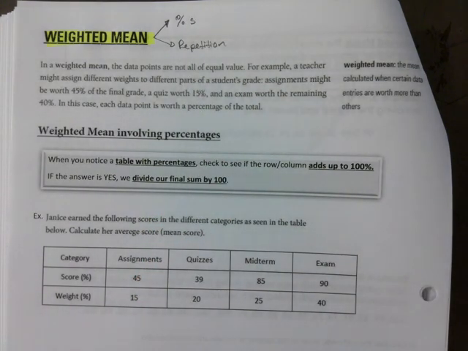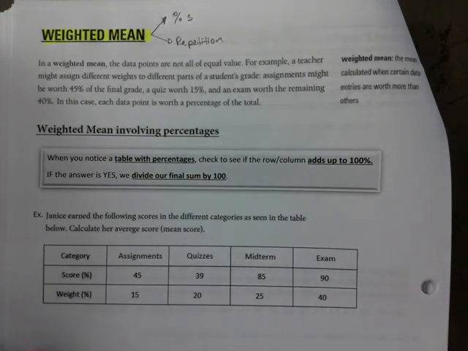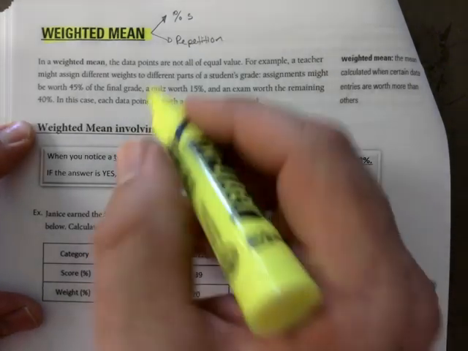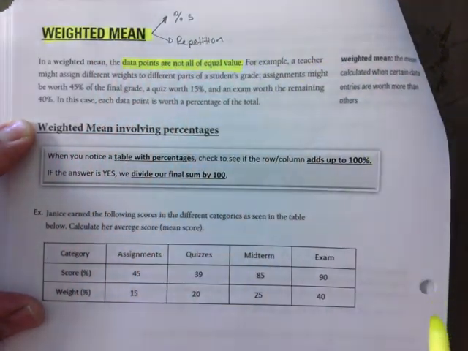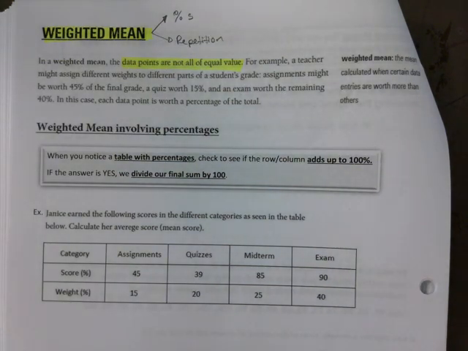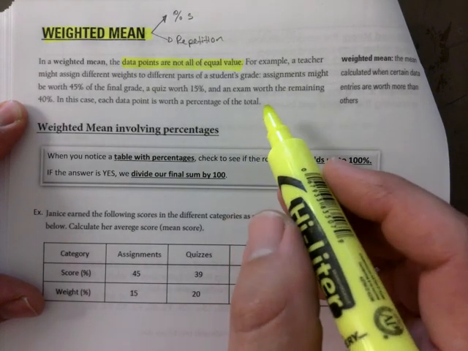In a weighted mean, there are weights associated with different categories. So points are not all of equal value. That's something to remember. That's how we as teachers grade you. Tests are worth more than quizzes, quizzes are worth more than ACs, and so forth.